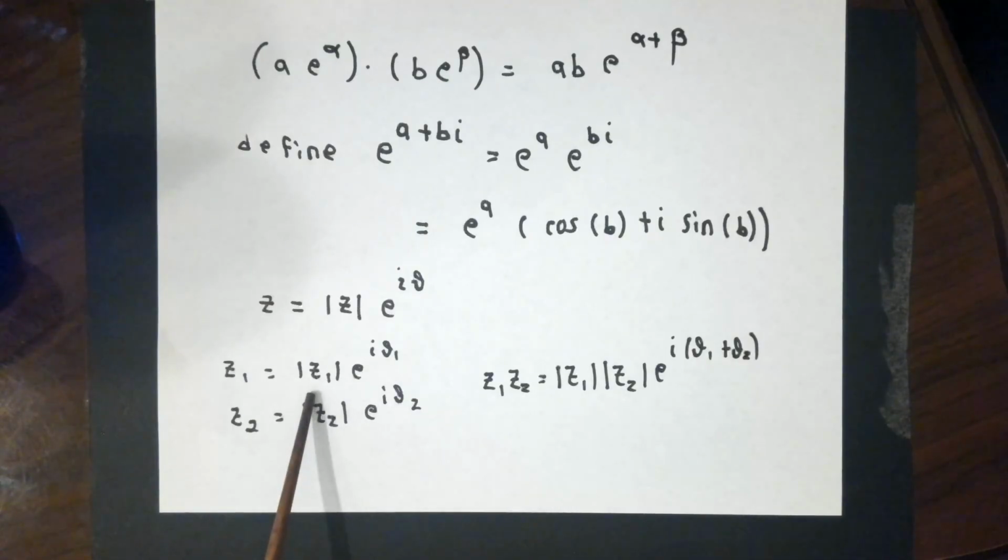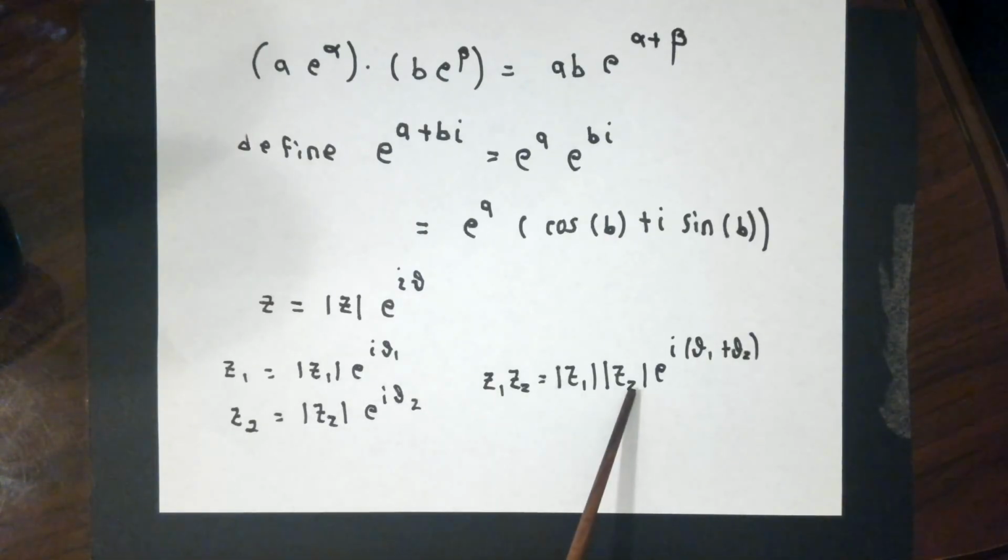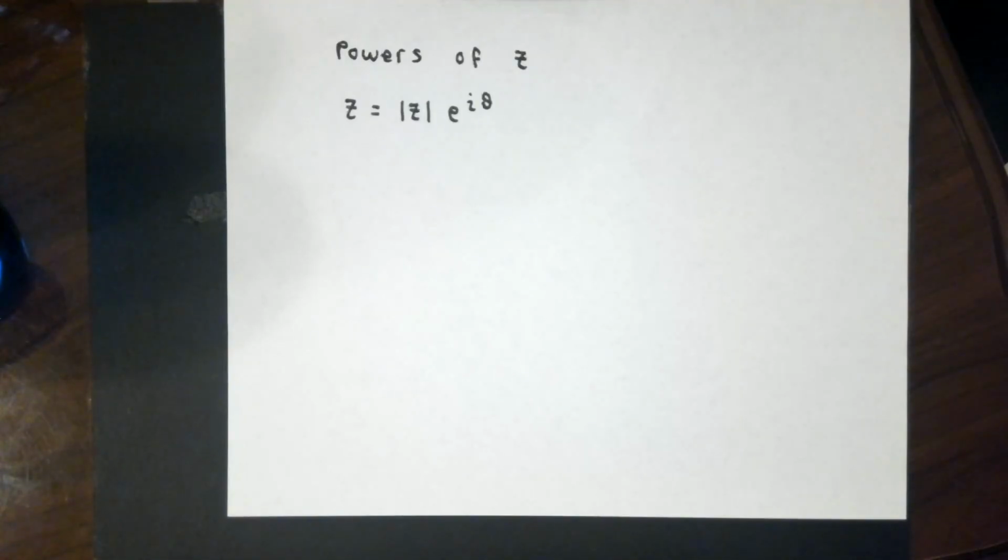If you compare this to that, basically all we're saying is that this symbolism represents how to do the multiplication in a very compact form. It's interesting to look at powers of a complex variable. So I'm going to suppose I have some z which is equal to its modulus times this symbol e to the I theta, where theta is our familiar angle.